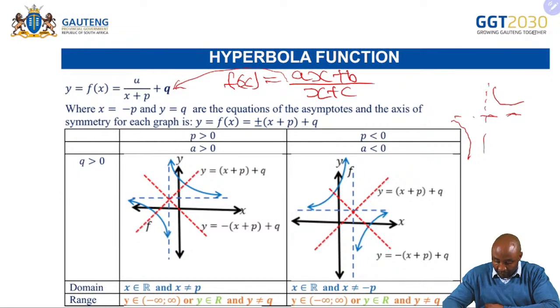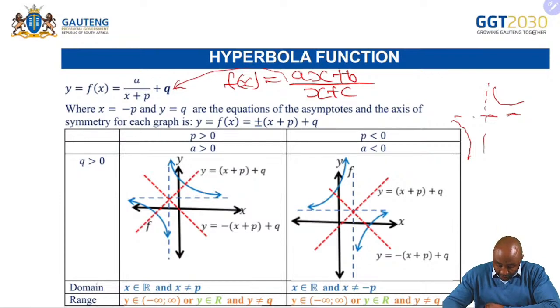Our domain for our hyperbola function, we always have to be careful. x is an element of real numbers because it's a continuous graph, but we should exclude the asymptote.